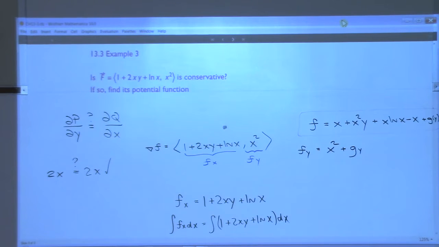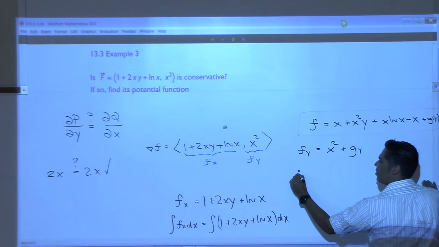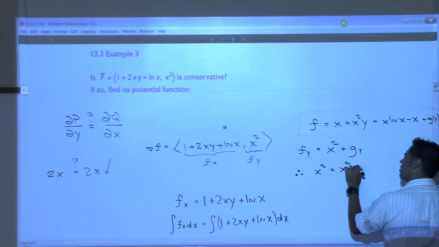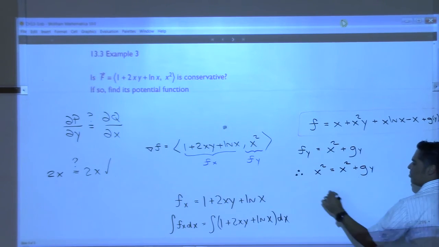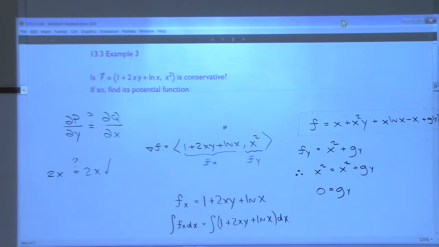If we take this now and match it up, this has to match this. So therefore, that has to be equal to this, which means 0 equals partial g with respect to y. And now we need g, not partial g with respect to y. So we're going to integrate both sides.